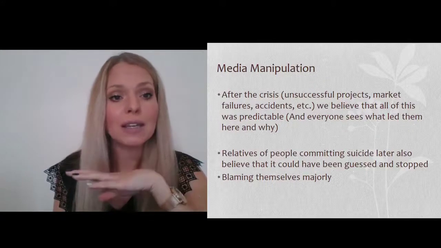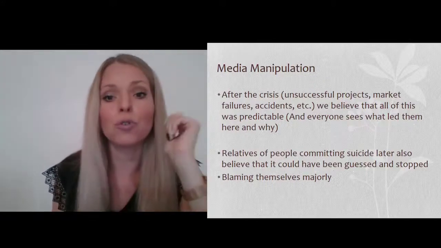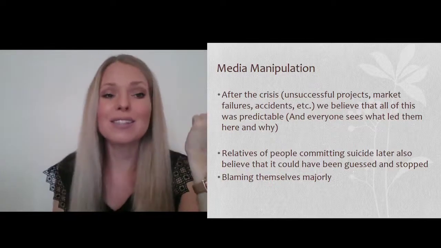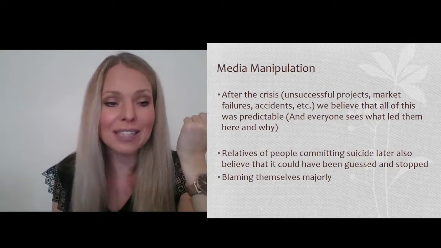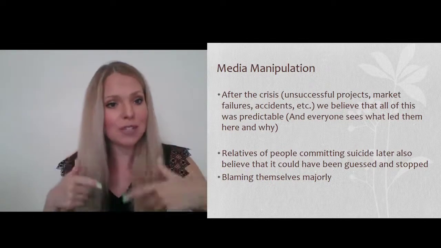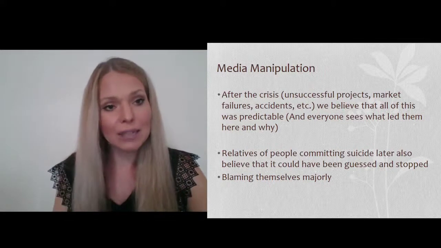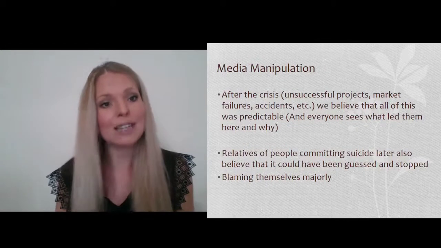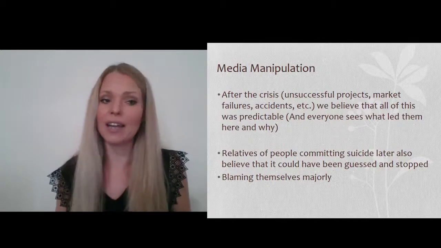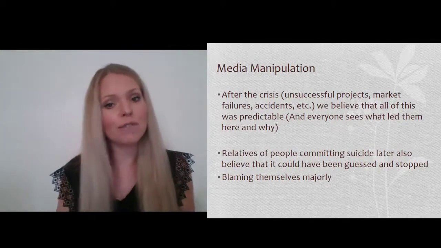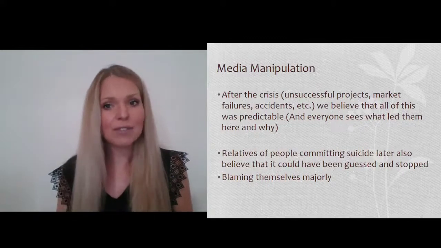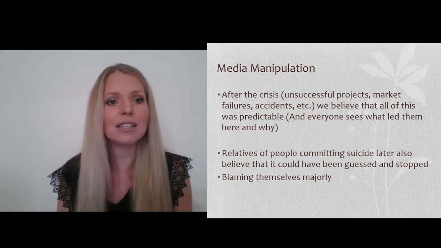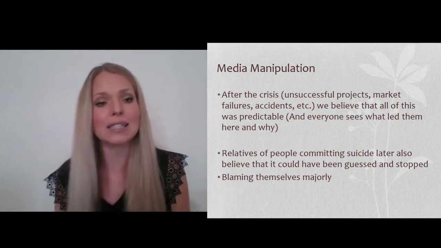Okay. Unfortunately, that's a very important issue as well. If you've got any, not you, just in general, relatives or people committing suicide, this is really bad for the family, because later, because of this mechanism, they believe that they had been smarter previously, and they always say that I could have stopped this, I could have noticed this, blaming themselves that I did see that something was not right, and I still didn't take a step.